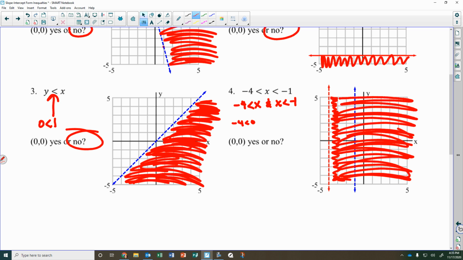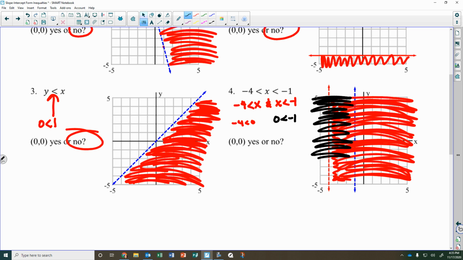That would give you a better understanding. However, is 0 less than -1? No, it's not. So that means from the blue line, we'd be shading everything over here.